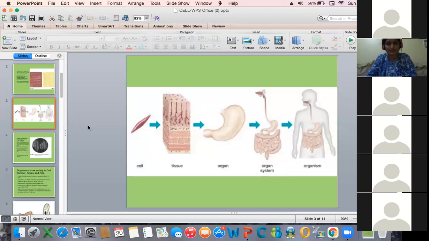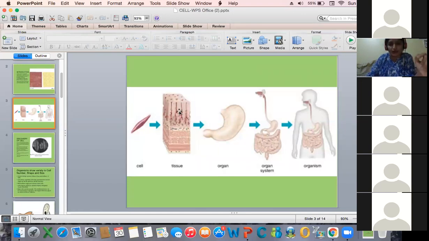See, as I said, our body is made up of trillions of cells. And cells, you can see here, this is one cell. There will be trillions of such cells in the body. So when these cells combine together, they form one tissue. This is called a tissue. Out of the trillions of cells, a few hundred cells may combine to form a tissue.